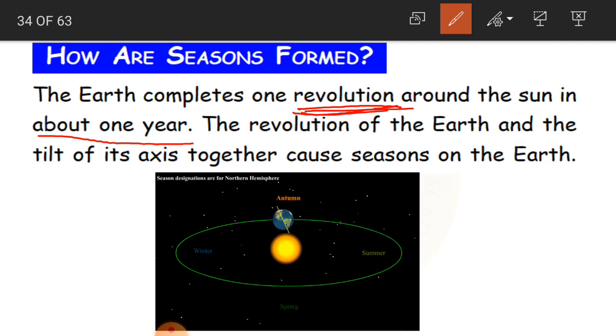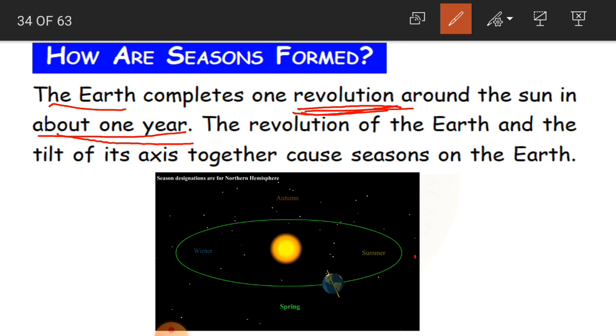So that is why we have 4 main seasons in a year. Okay, children. So the earth completes one revolution around the sun in about 1 year. See, as it is revolving around the sun, children, because of this, we will be having different types of seasons in a year.